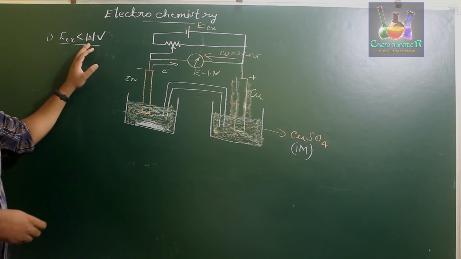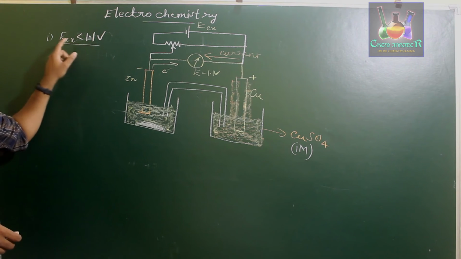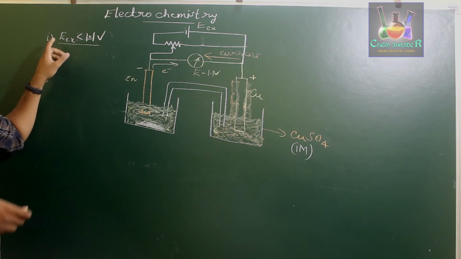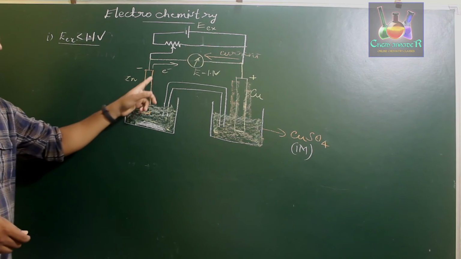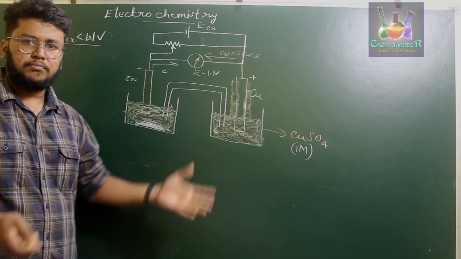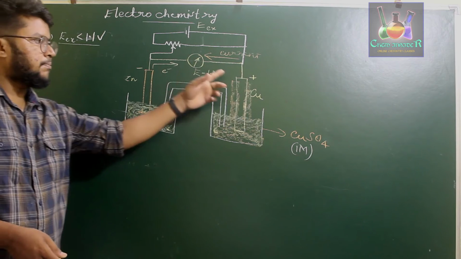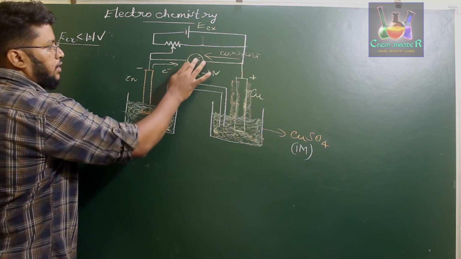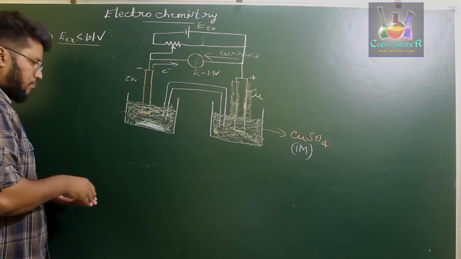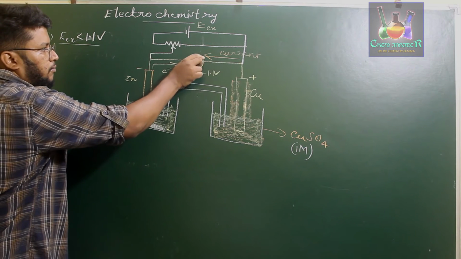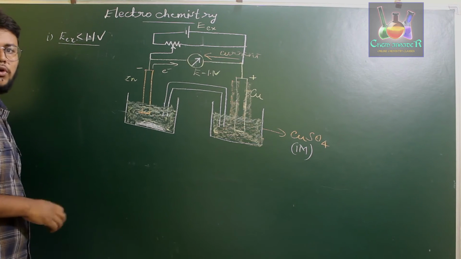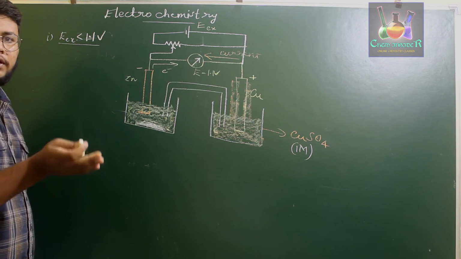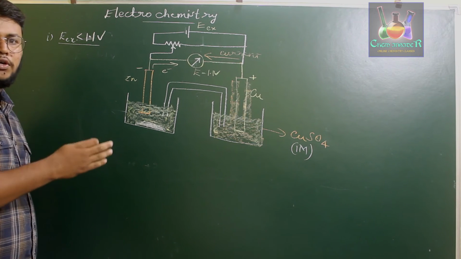For this particular condition where the external applied potential is less, the electrons will be moving in the same direction towards the positive electrode. This can be denoted by showing the galvanometer's arrow mark in this direction. The galvanometer deflects in the direction in which the electrons are flowing.